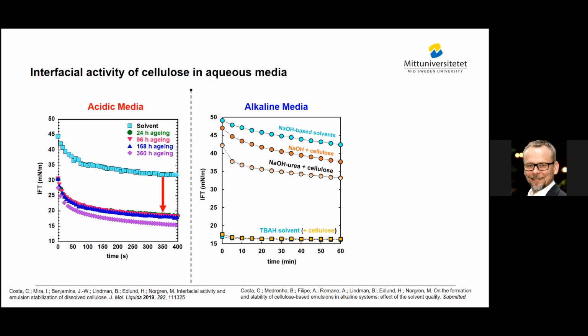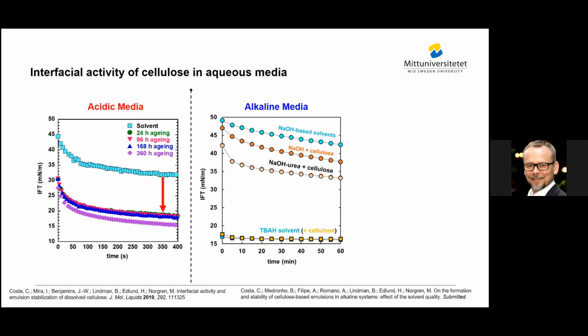If you have urea and cellulose, you will even get further down in the IFT, but then you have in some way changed your solvent a bit, since it's a sodium hydroxide urea solvent, and urea in itself, what it's argued is that it's a slightly hydrophobic molecule in the way that it actually helps cellulose to dissolve.